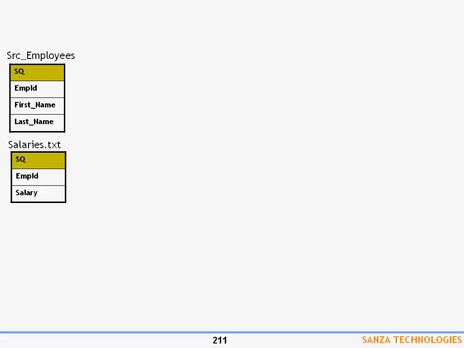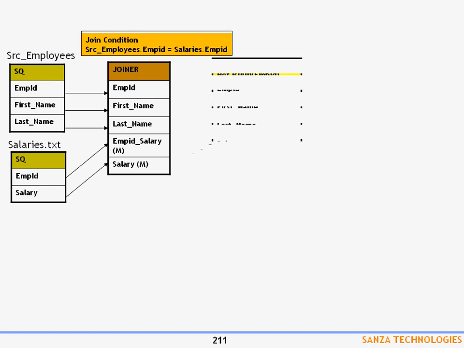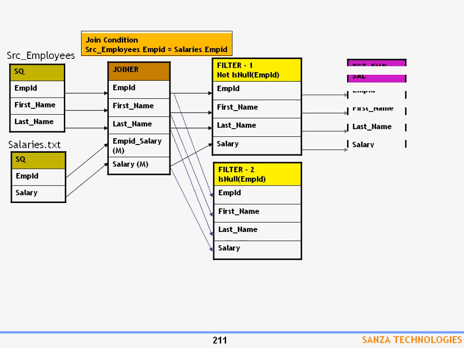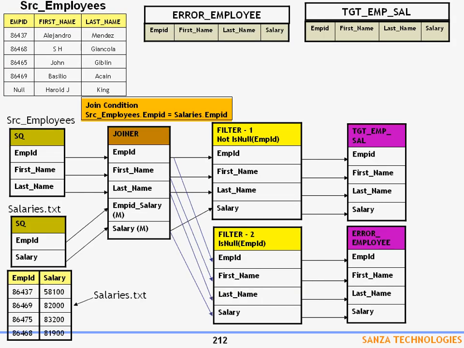I hope you are able to see this. You made the employee salary your master source. You defined the join condition and you have a filter. I didn't put an expression transformation for space constraint. So when you extract the data, Informatica will extract data from both the sources.